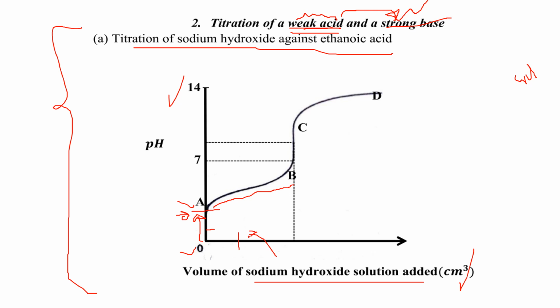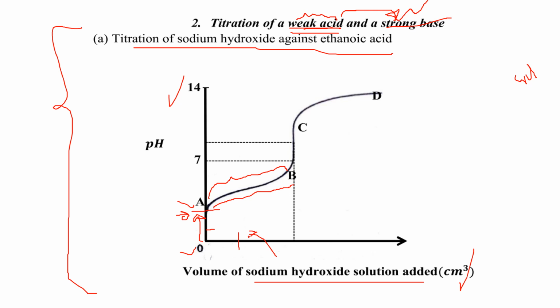But from A to B, we are having excess of the ethanoic acid, together with the salt that is being formed, which is sodium ethanoate. And the two form an acidic buffer. And you know what acidic buffers do? We say that acidic buffer solutions are those solutions which resist change in pH when small amounts of acids or bases are being added to them.